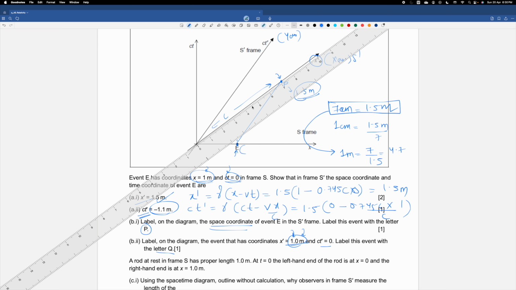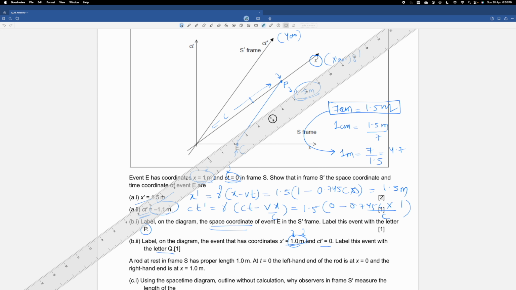So we'll see where 4.7 centimeter is. That's over there, right? Let me keep the ruler a little bit aside. Yeah, so that's the point over here. And we'll label that as Q, which is representing the X coordinate as 1 meter.